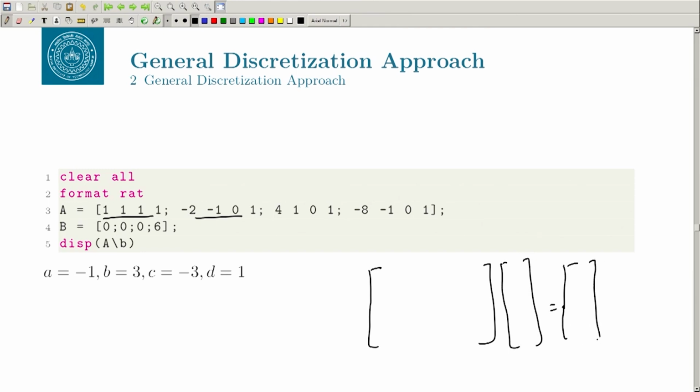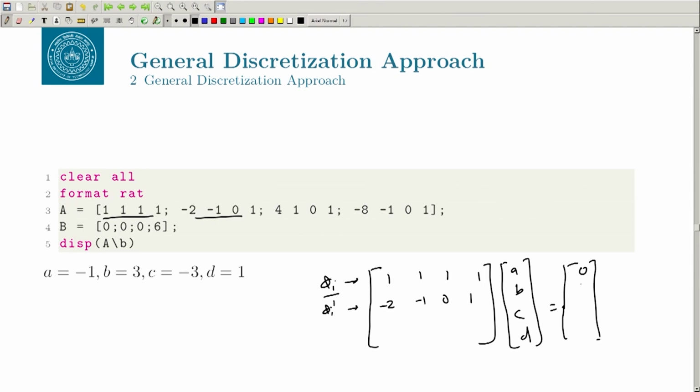So, this is basically a, b, c and d, right. So, if you equate that, this is a plus b plus c plus d, because this is the coefficient of phi I, right. So, that will become 0. Similarly, this is phi I prime, minus 2, minus 1, 0 and 1, okay.